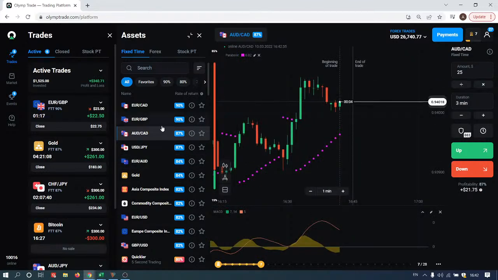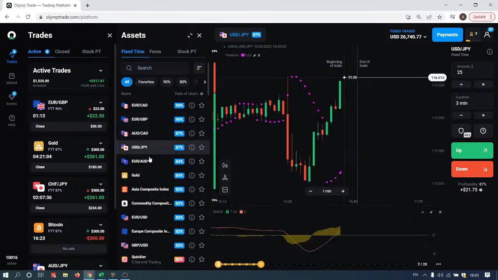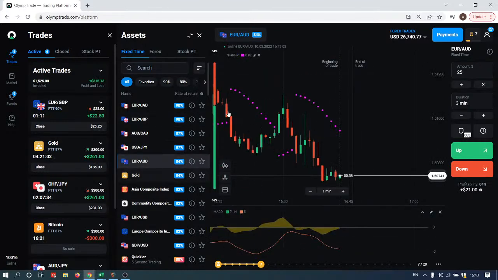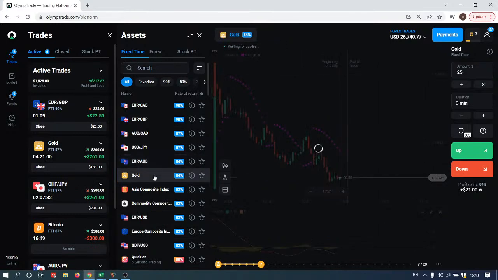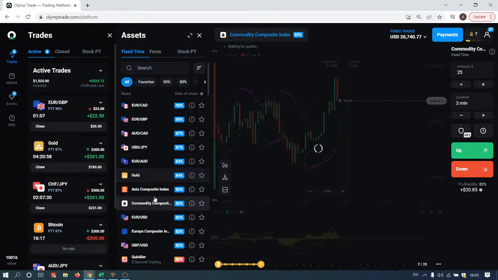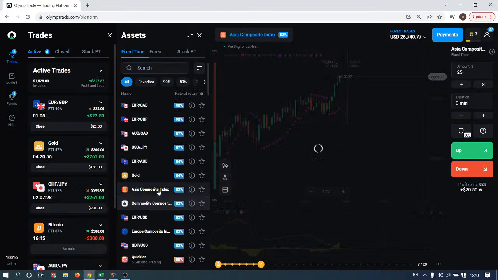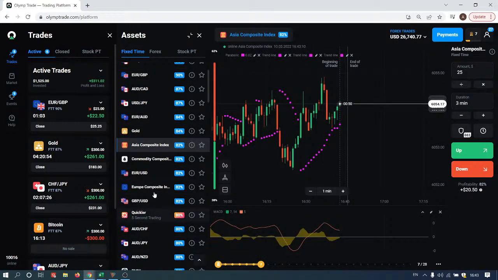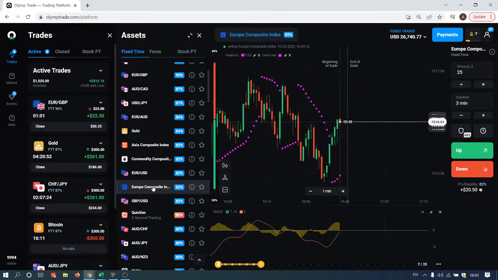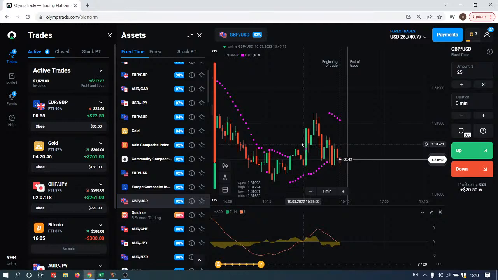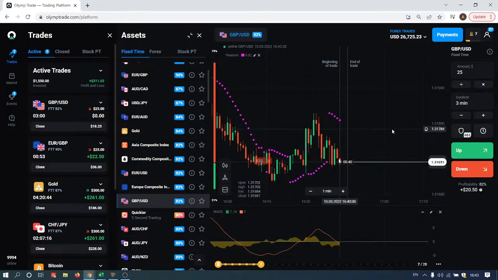But I don't really watch any particular currency pairs. Of course, you watch Bitcoin price, Ethereum price, things like that. But when it comes to individual currencies, I don't think it's worth giving it a lot of attention.